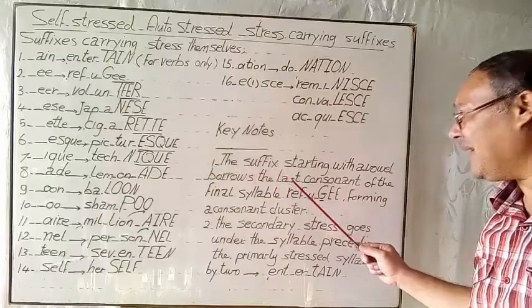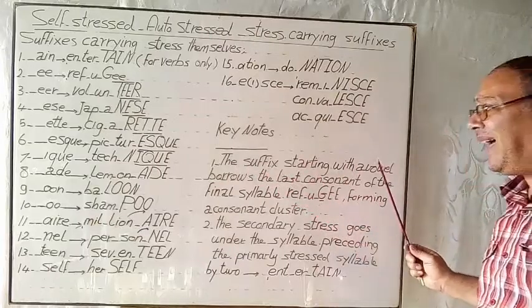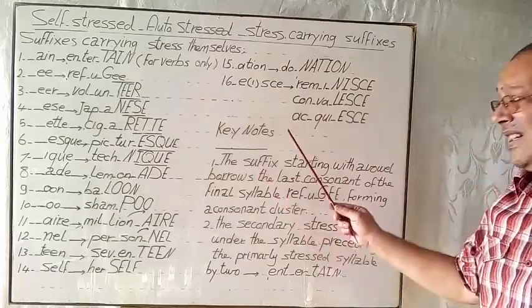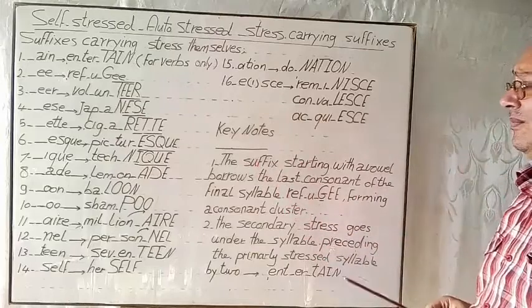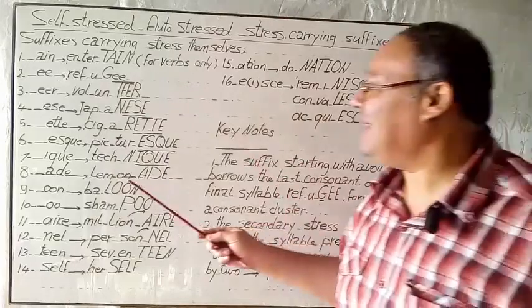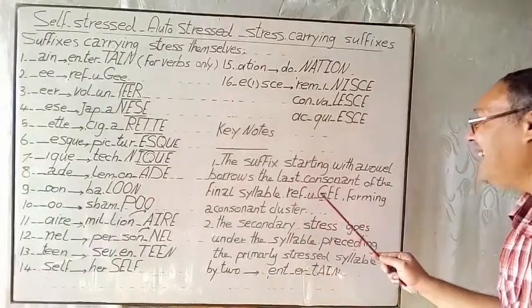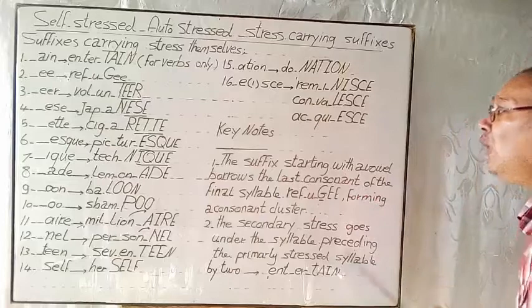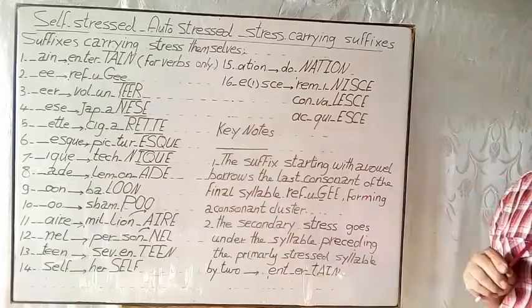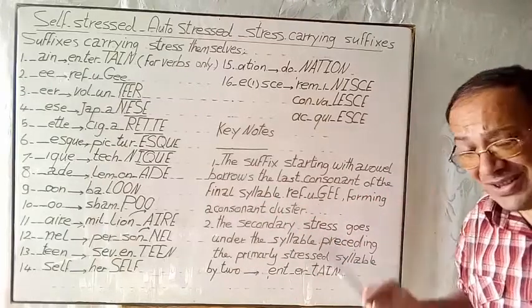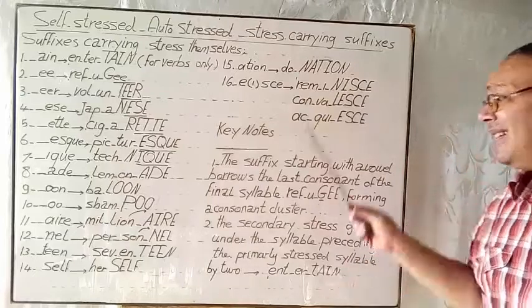The suffix starting with a vowel, for example, like EE, borrows the last consonant of the final syllable.